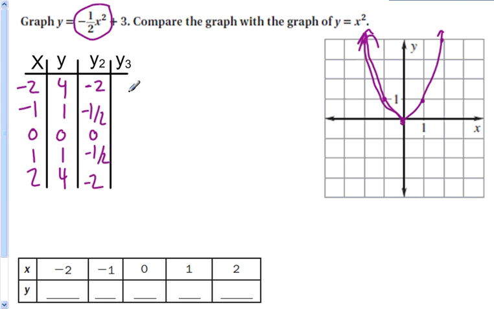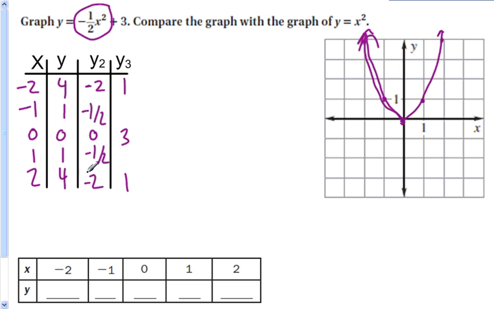And then we're going to add 3 to all these y values. So -2 plus 3 gives me 1. And I can go down here, -2 plus 3 gives me 1 also. I know that 0 plus 3 gives me 3. And then we just need to do negative 1/2. So let's say we're at negative 1/2 and we add 3. That means we're going to move it up 3 units. That's 1, 2, 3.